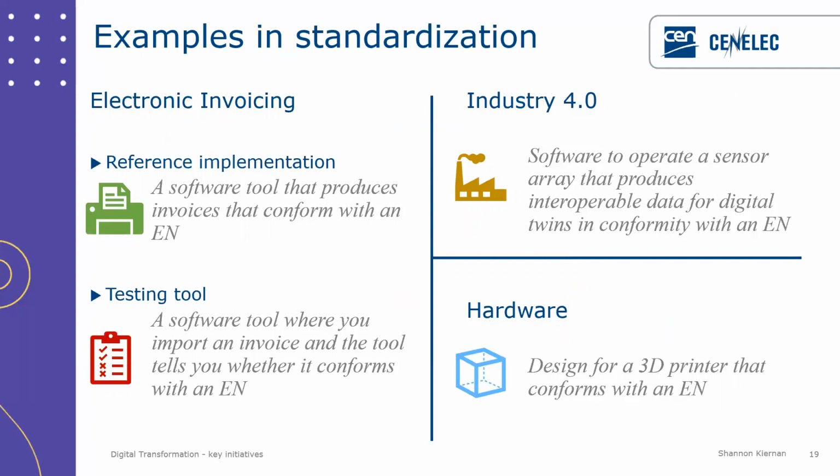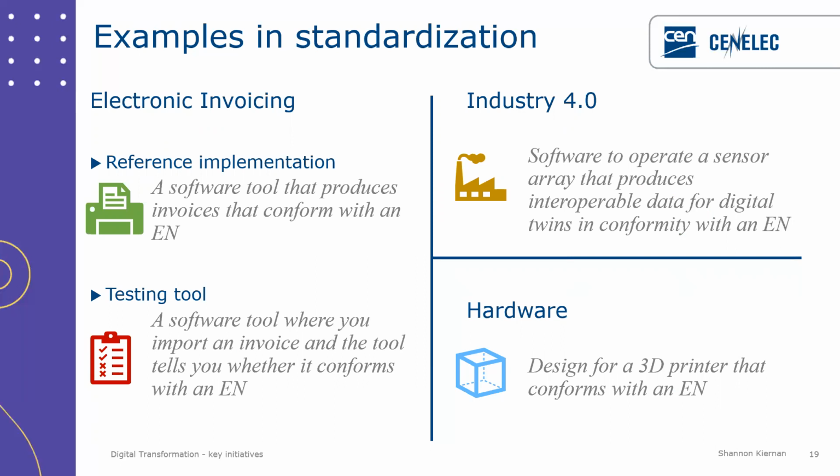Where might this be useful in standardization? Let's take, for example, electronic invoicing. You might have a reference implementation, which means an example of how to implement a standard. So you might have a software tool that produces electronic invoices that conform with an EN standard about electronic invoices.